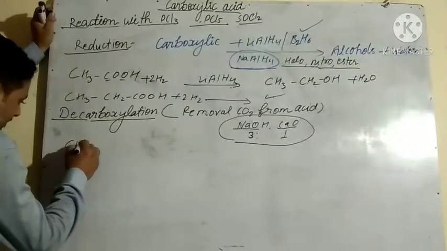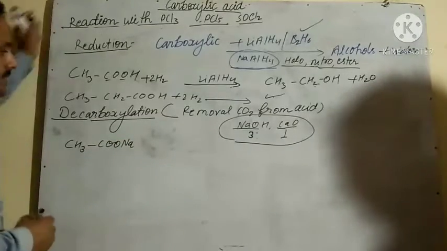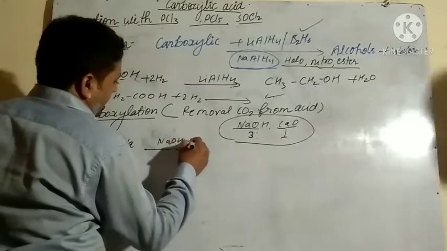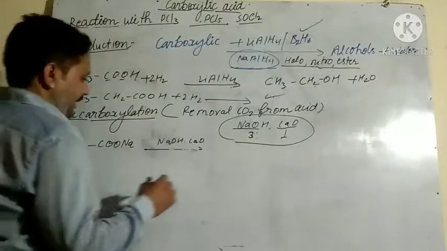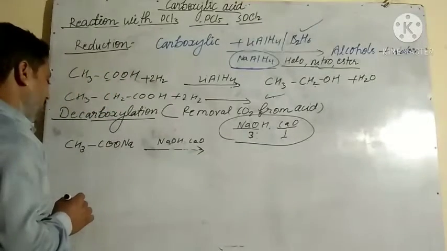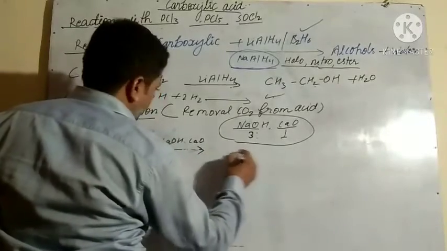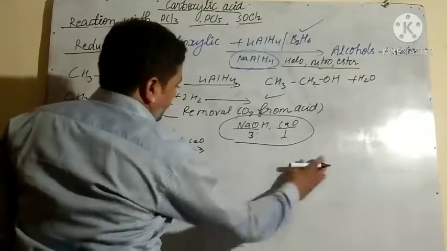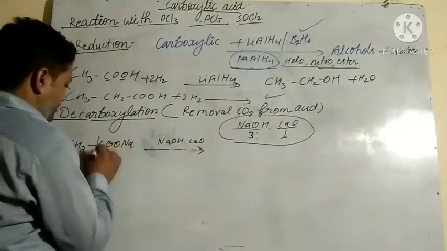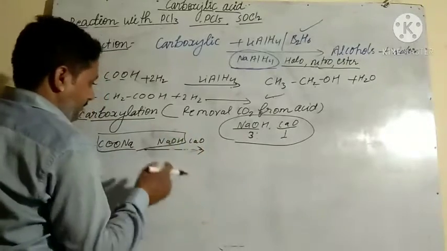So we will take this example. The sodium salt is heated with soda lime, a mixture of NaOH and CaO, and it gives an alkane. It releases Na2CO3.